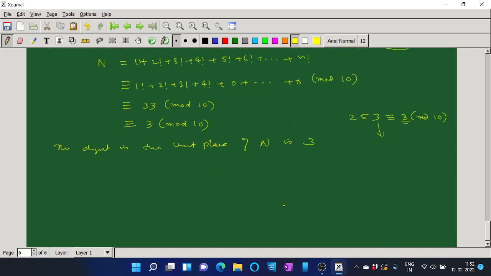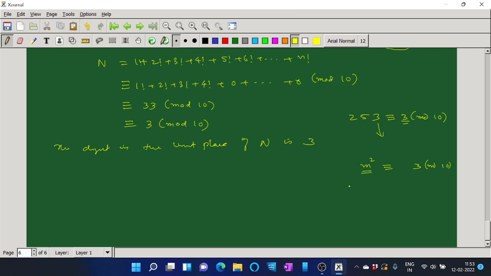Now, what number which ends in 3 can be a square? You have to check. What number, say for example m, can this m square be an integer which ends in 3? Or you have to find out m square congruent to 3 mod 10.